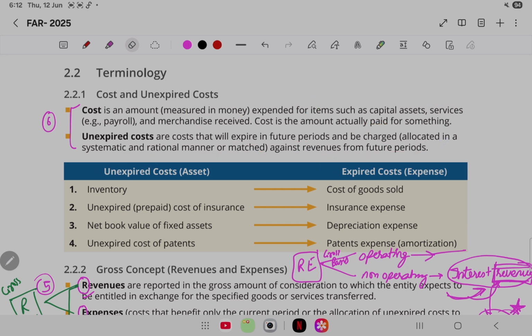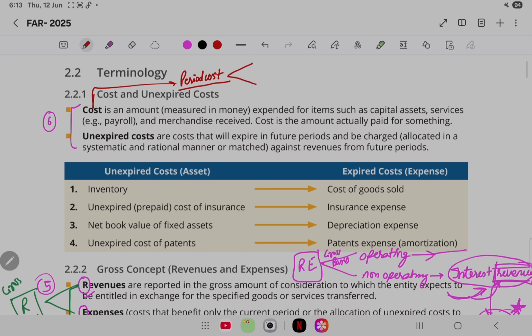Basically, what is cost? We call it a period cost. If you see period cost in the question, consider it as a cost. What does period cost mean? It is an expense which is incurred immediately and is recurring in nature.